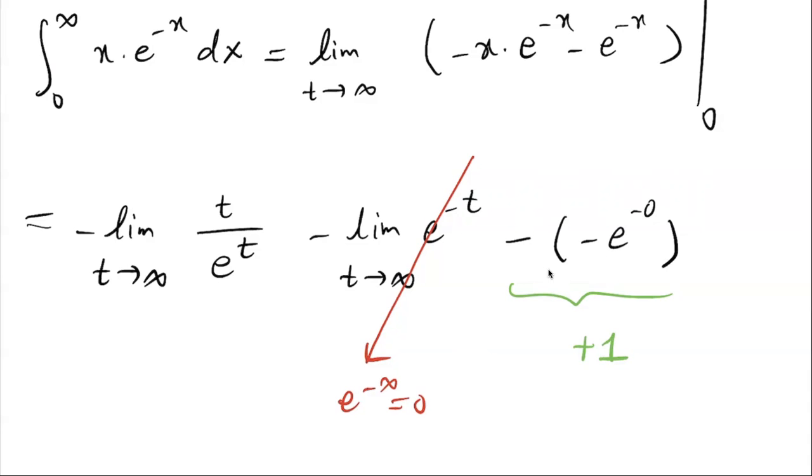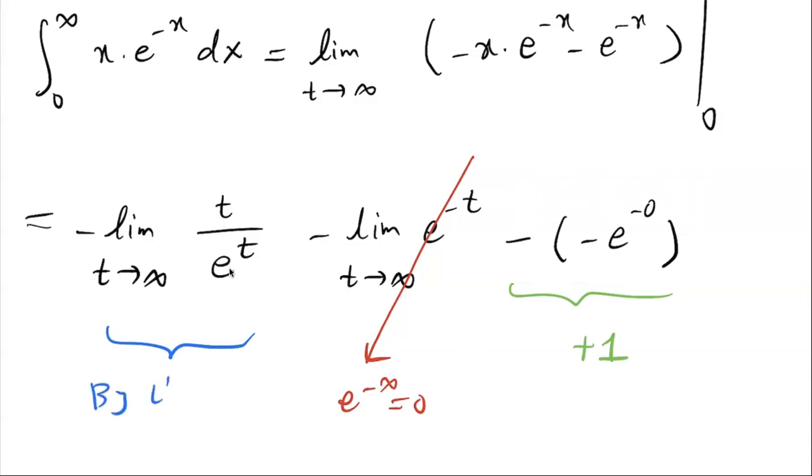And finally, this term here: as t goes to infinity, this becomes infinity over e to the power infinity, which means infinity over infinity. Infinity over infinity is indeterminate, but we can use L'Hopital's rule to calculate the limit.